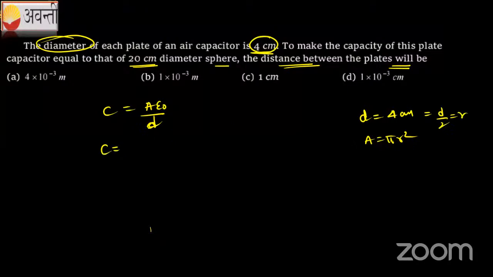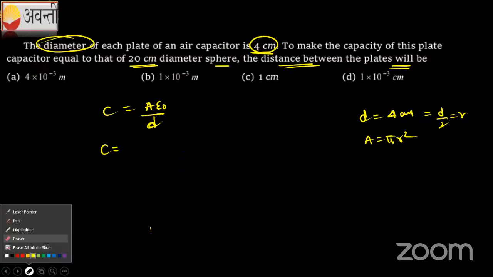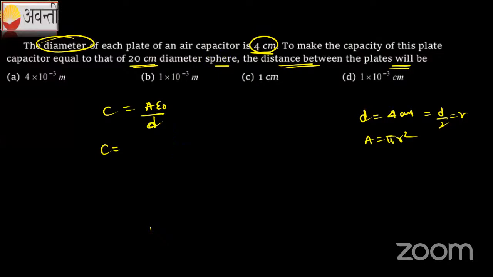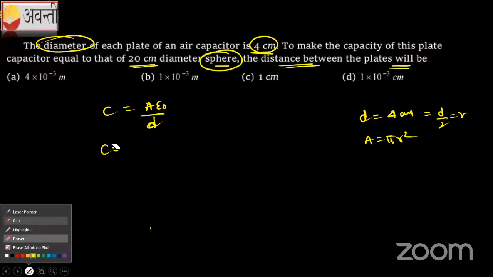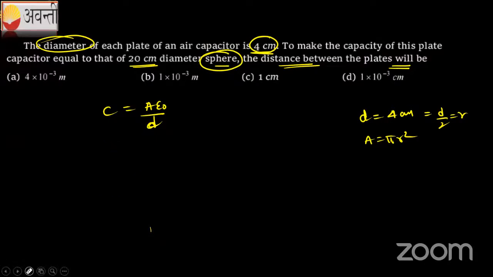Okay, capacitance will be equal to area, means again pi into r. Sorry, one second, guys. Just a minute. Sphere, right? Okay, this is sphere भी है. Sphere है means, sorry, yesterday we calculated sphere equation also.